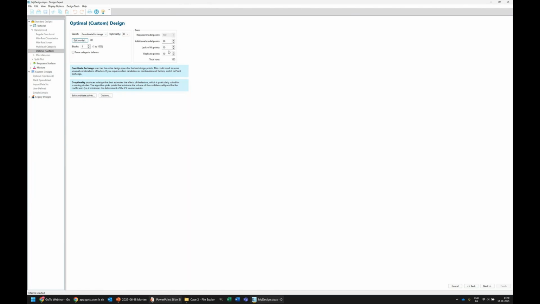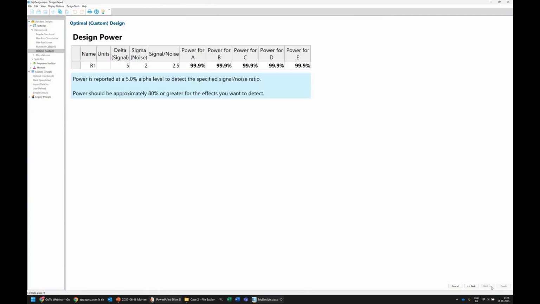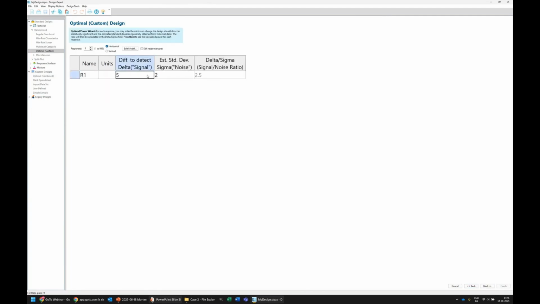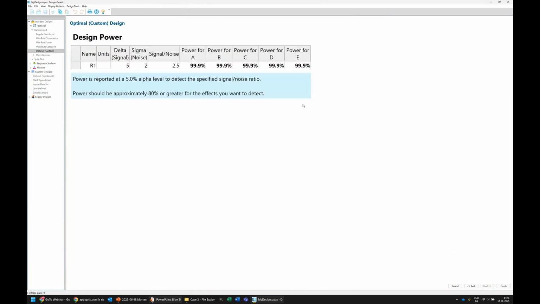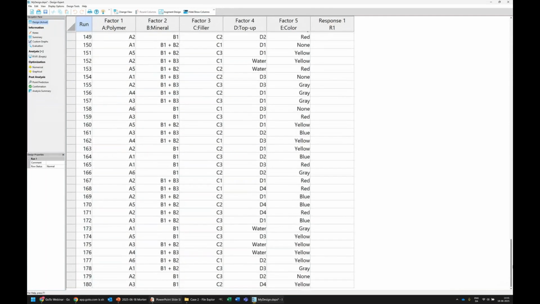But if we sprinkle in a couple of additional model points and lack of fit points, and use the values for the noise and the signal that they wanted to detect, these are just default values, but we could have looked at this design and seen that the power was actually enough for getting a two-factor interaction model, even though this only required 180 runs to carry out.